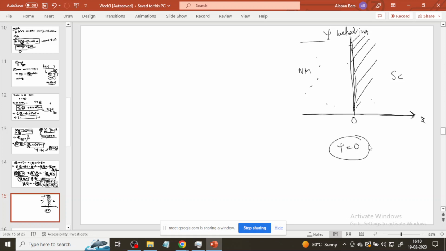So psi is 0 means f is also 0, so f is 0 at x equal to 0, because psi equals psi naught times f and psi naught cannot be 0. So this is our first boundary condition.